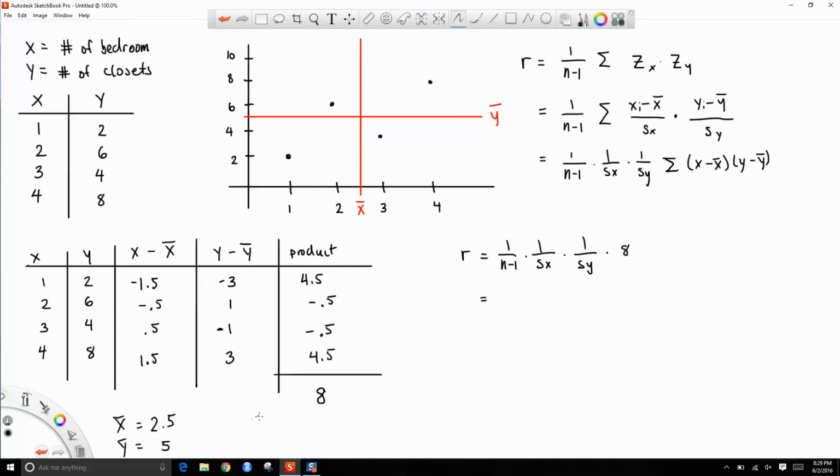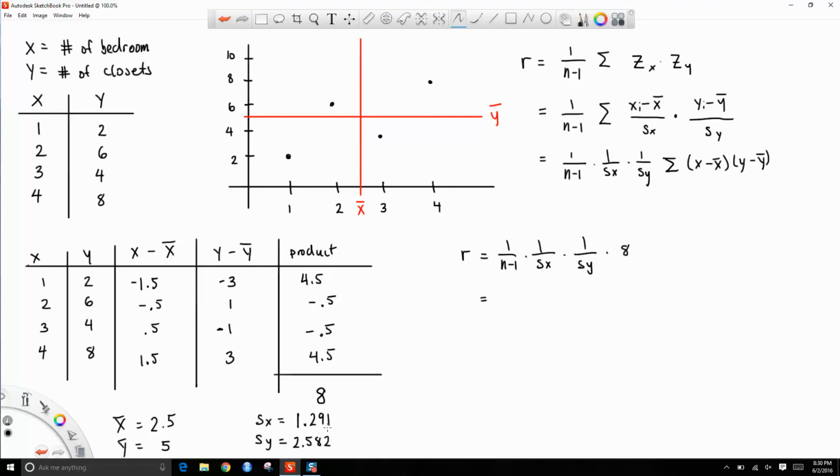So you can do the calculation yourself, but I'm pretty sure the standard deviation of x is going to be 1.291, and the standard deviation of y ends up being 2.582, rounded off.